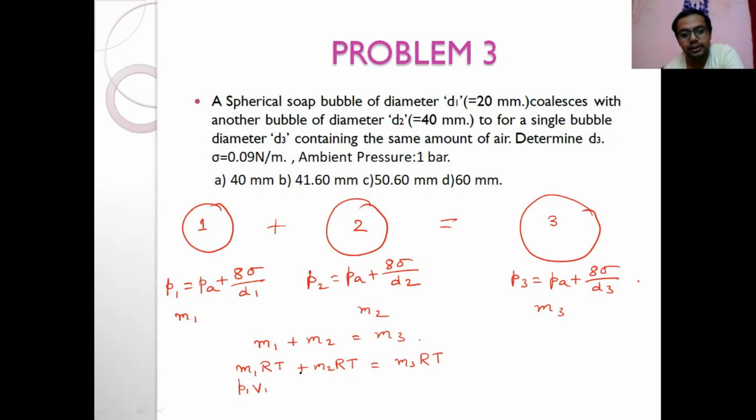Thermodynamics comes in here. P1 V1 is equal to P2 V2, in the isothermal case. So your equation from mass conservation is P1 V1 plus P2 V2 is equal to P3 V3.